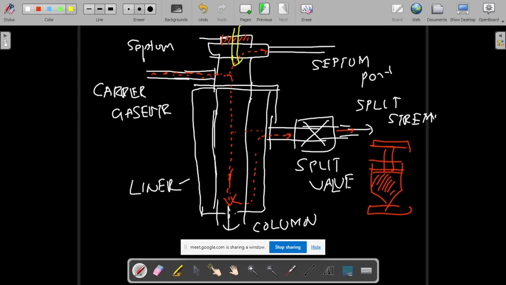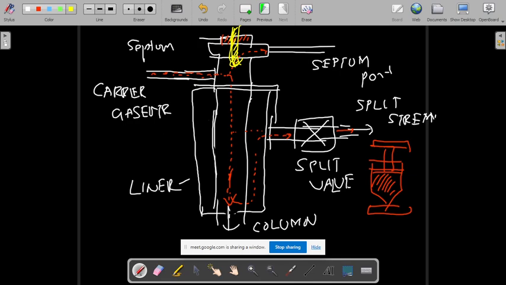Your sample will be injected at this point. This is your carrier gas. A small part will go through the septum port, a major part will go through the actual liner, and a small part also has a provision to enter via the split valve.